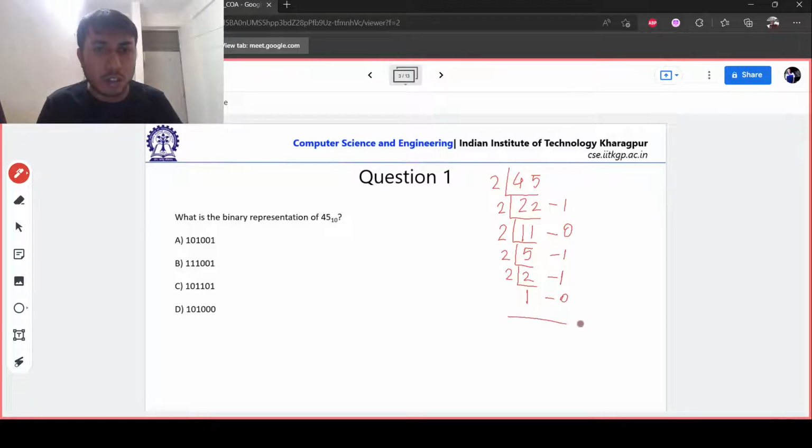So this is the binary representation of 45. We can write 45 base 10 as 101101 to the base 2. So the correct answer is option C.